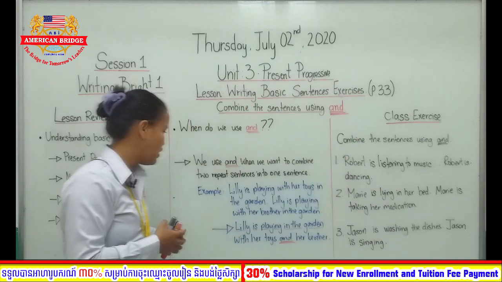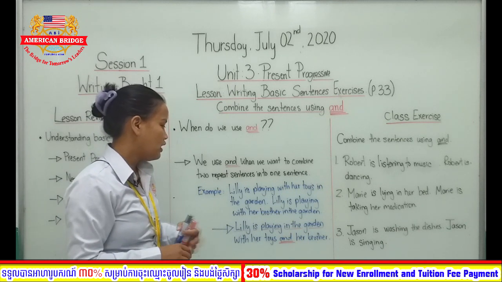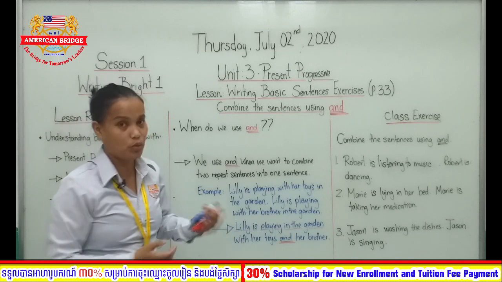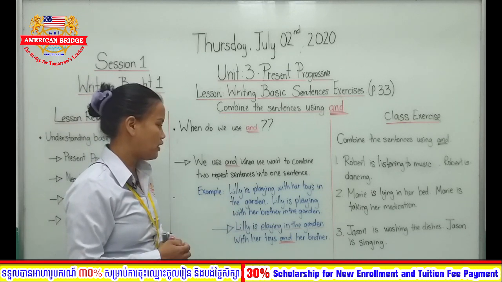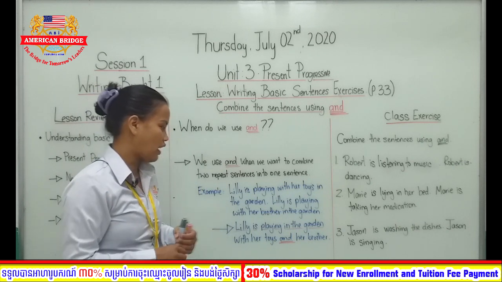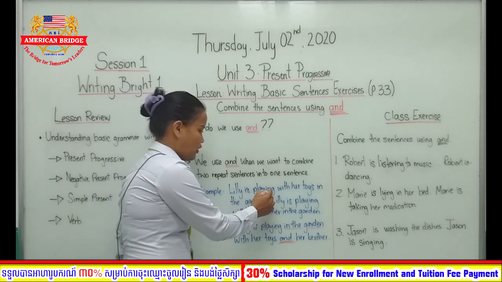So for example here, Lily is playing with her toys in the garden. Lily is playing with her brother in the garden. Do you see there's a repetition of words in here? Lily has been repeated twice, garden has been repeated twice, playing has been repeated twice, okay? So these are the repeating words.